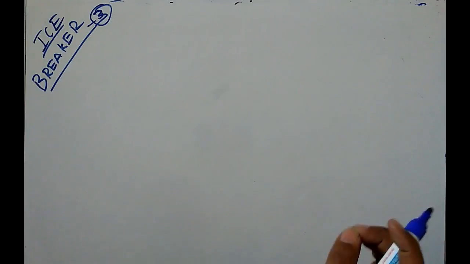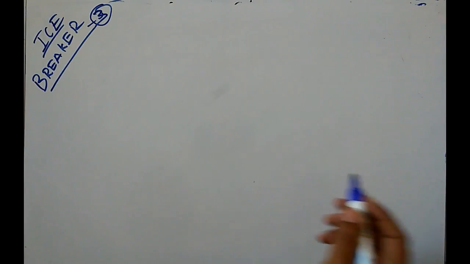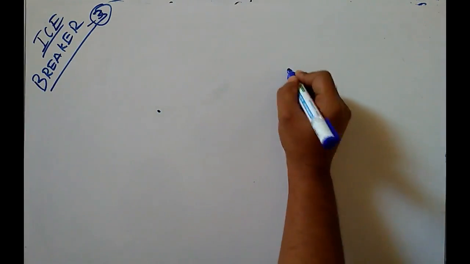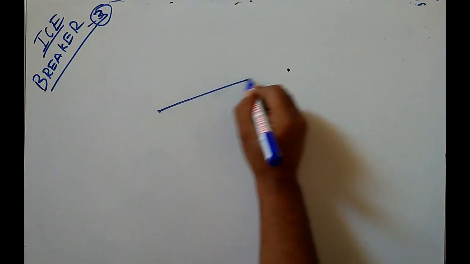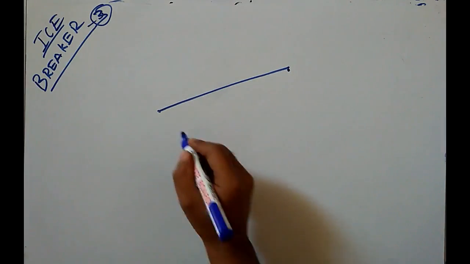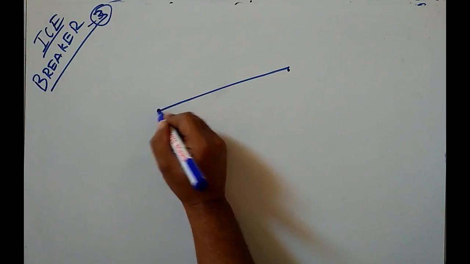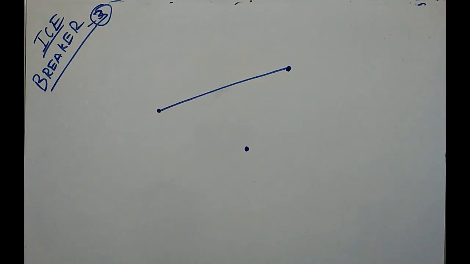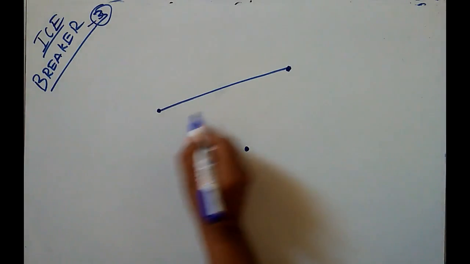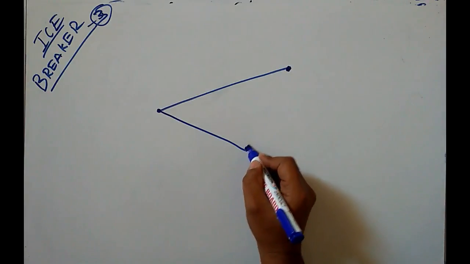So we have to develop this concept, friends. If there are 2 points, how many lines can be drawn between these 2 points? Only one. If there are 3 points, suppose 1, 2 and 3 points, how many lines can be drawn between these 3 points?